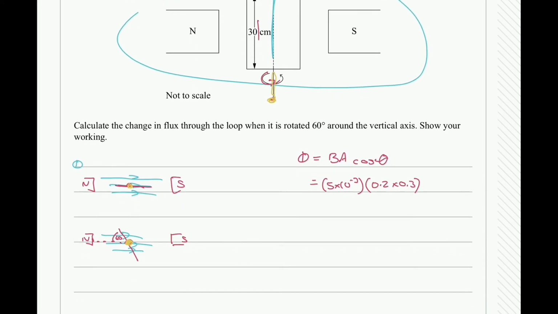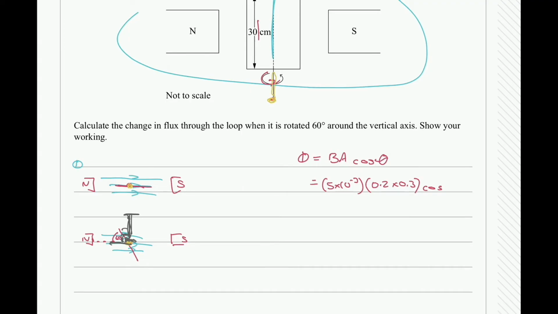Now, the hard thing to remember or think about is, what is our theta? What is our angle? Is it 60 degrees? If we're using cos, it's not 60 degrees, because remember, for your magnetic flux, we need to measure the angle from perpendicular to the magnetic field lines. So this one here is our perpendicular to the magnetic field lines. It makes a right angle with the magnetic field lines. So 60 and 30 make up 90 degrees in total.